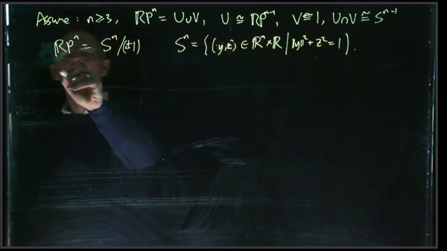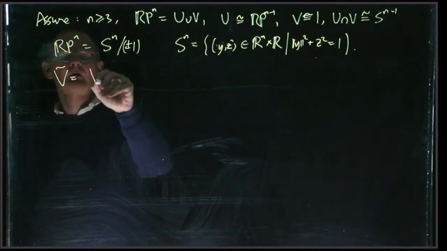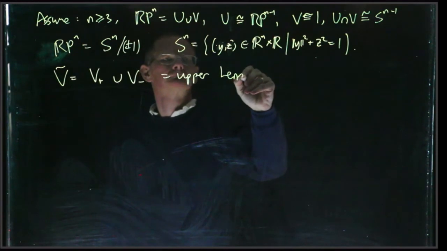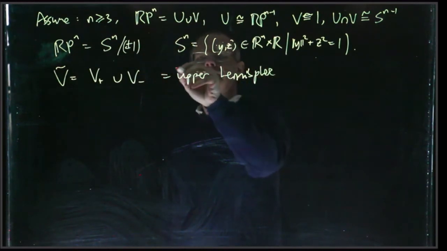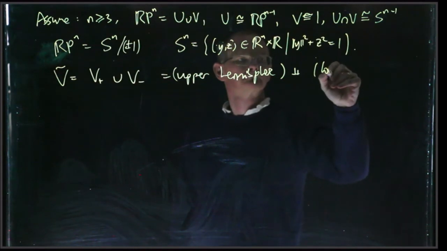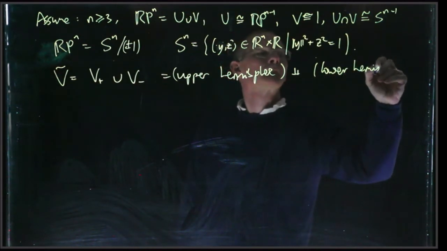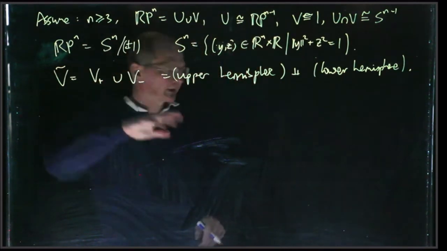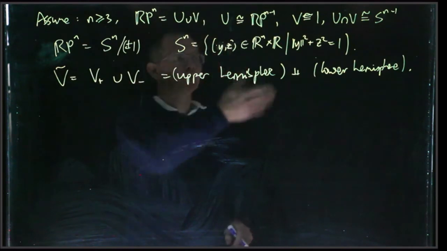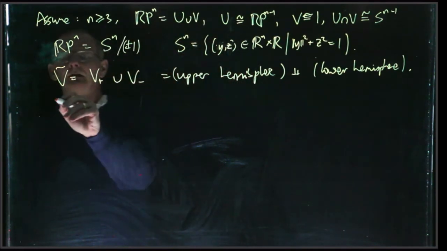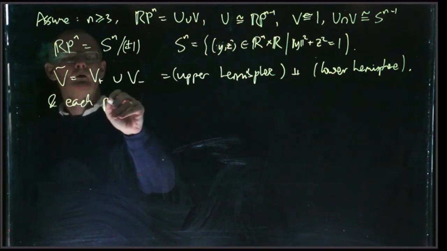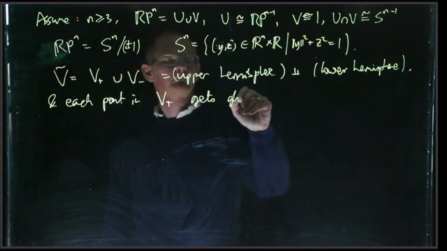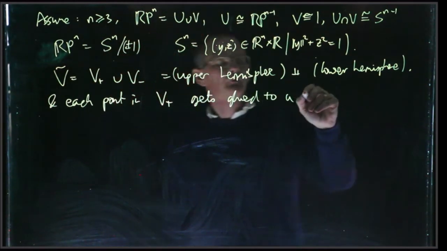Okay, let's think about V first. So remember, V tilde is what we get by removing the equator. We've got the upper hemisphere and the lower hemisphere, and so each point in V plus gets glued to a unique point in V minus.